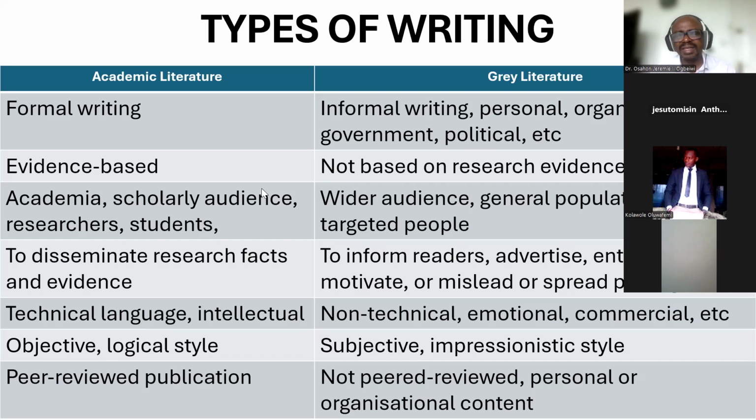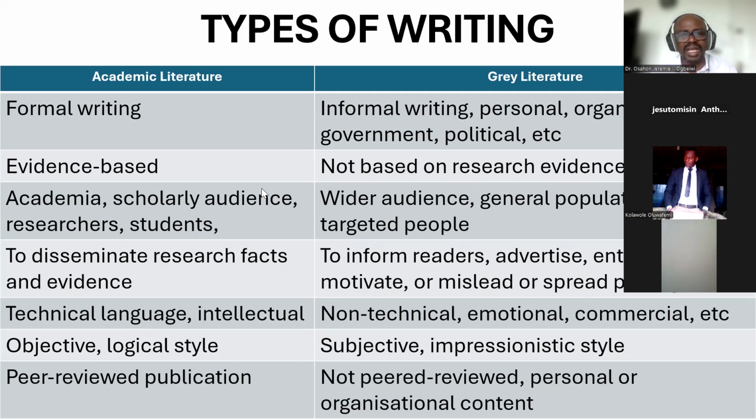Their style is what is called impressionistic. They are written in a way to make an impression, in a style. Therefore, they will use style features that will attract their audience to want to read it.